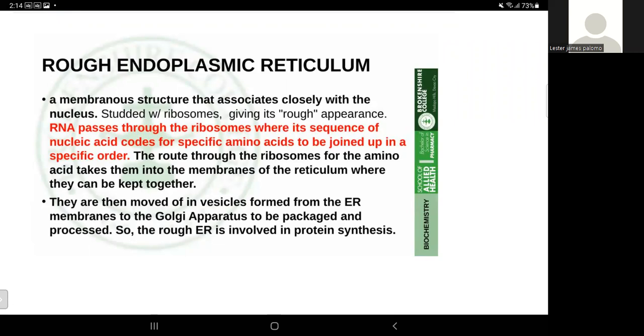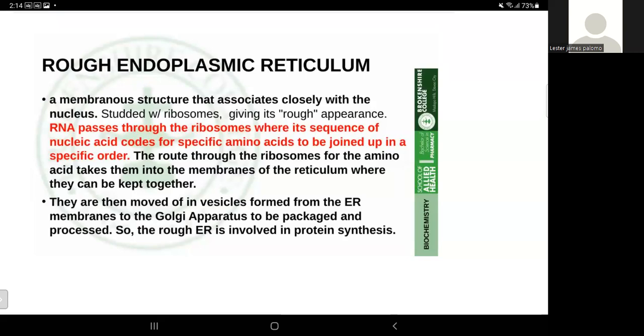We have already identified membranous ones. We have your mitochondria, which we described as a membranous organelle. Then we have your rough endoplasmic reticulum, another membranous organelle, studded with ribosomes, giving its rough appearance. It is rough because more ribosomes are attached to the endoplasmic reticulum.